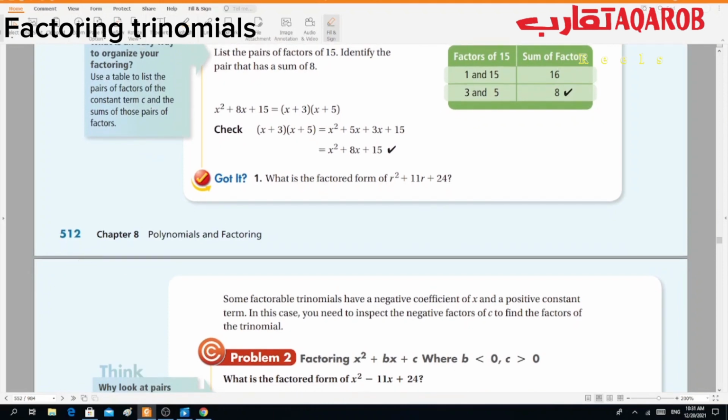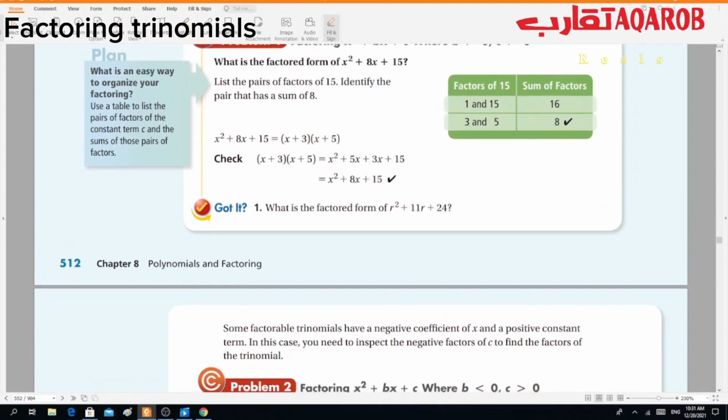You have to find the factors of 15 and the sum of the factors of 15. Why? Because I want you to focus here, because this will help you to decide which two factors you will write as the second terms, or the last terms, in the two binomials. Okay, so how can I decide what to choose here?